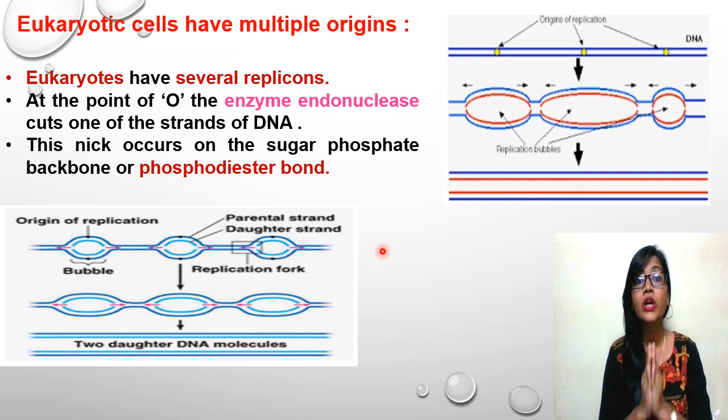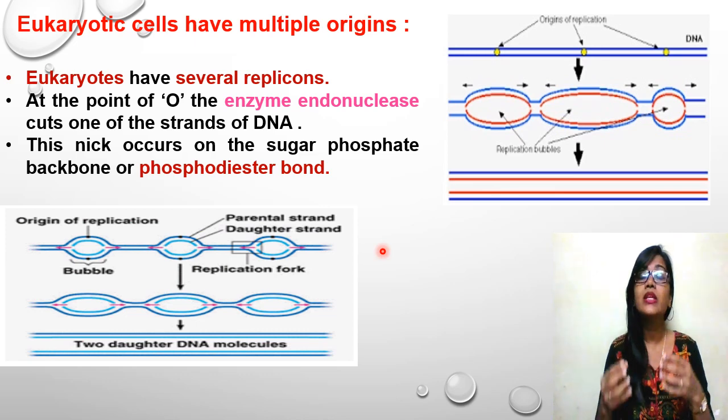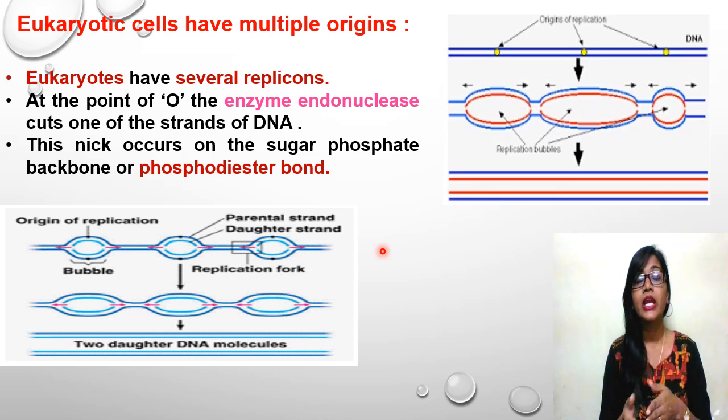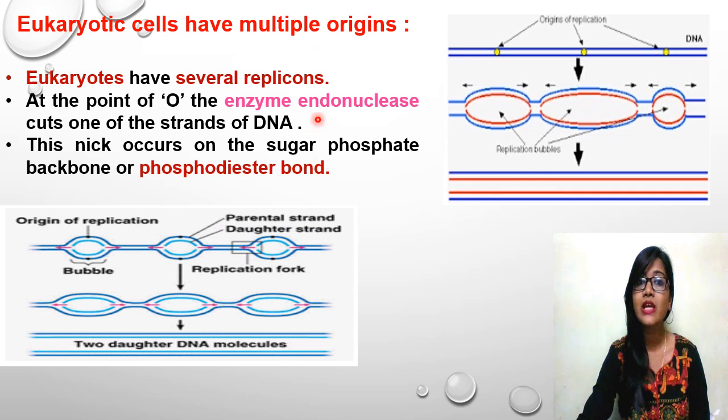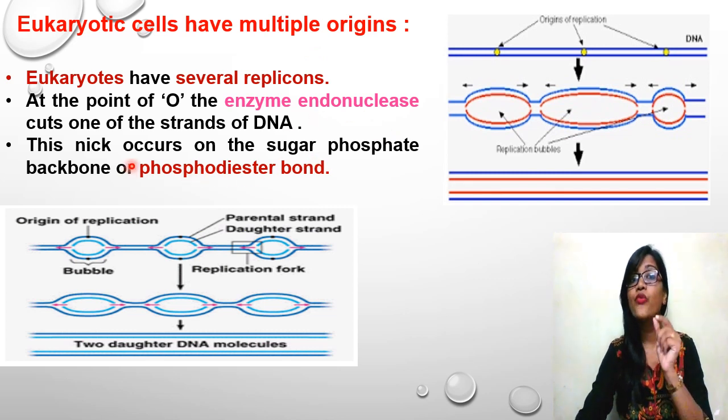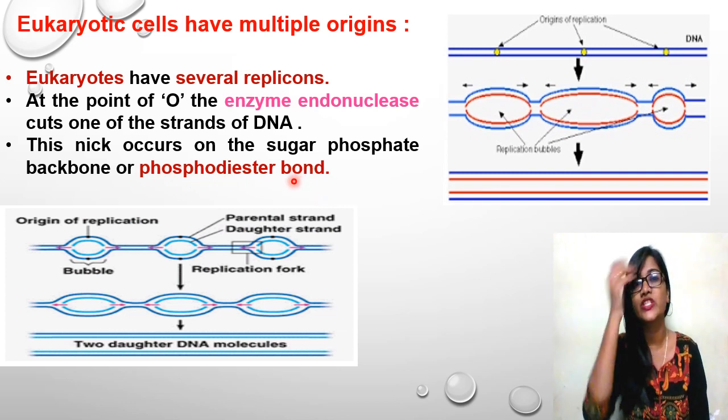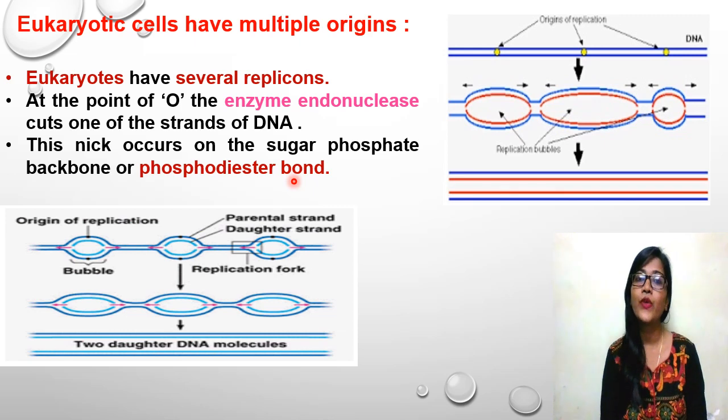So when the double-stranded DNA gets cut from inside, because of that incision the origin gets started. So the name of the enzyme is very important, and the nick occurs on the phosphodiester bond. I have explained that in much detail in the earlier lesson when we studied the DNA structure.